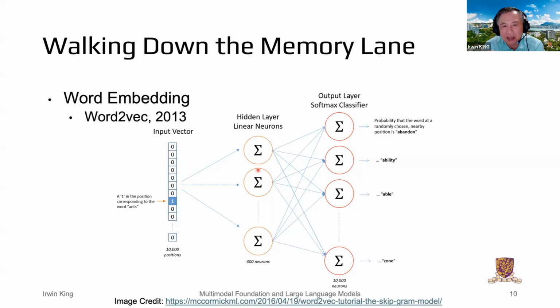For example, king and emperor, their embeddings will be closer together than, for example, king and queen, or maybe king and house. So king and emperor will have a closer Euclidean distance. This facilitated the embedding of discrete data, such as a word, into a vector, into a point in a high dimensional space.